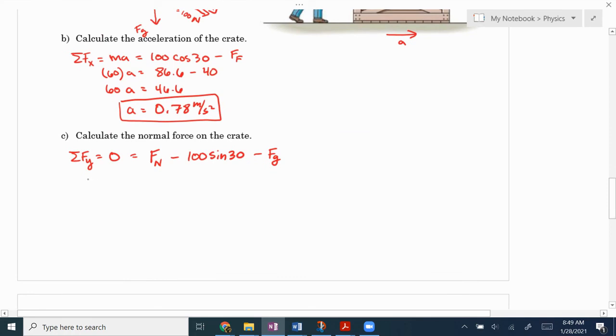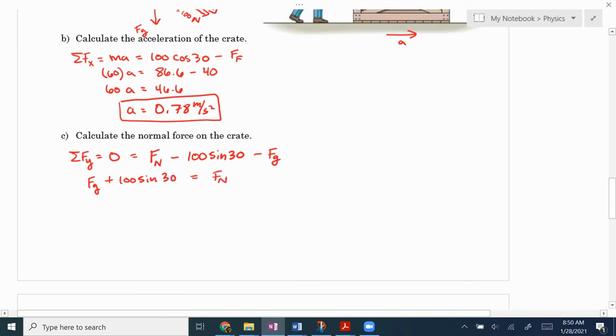Now let's finish solving. So we have 0 is equal to normal. Well, okay, hang on. Let's first move stuff to the other side. The force of gravity can get moved to the left-hand side, as well as we can add 100 sine 30 to the other side.